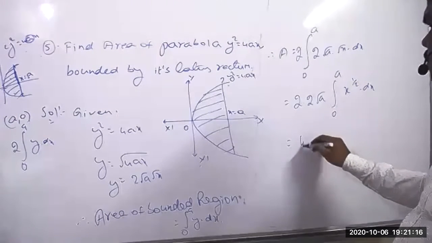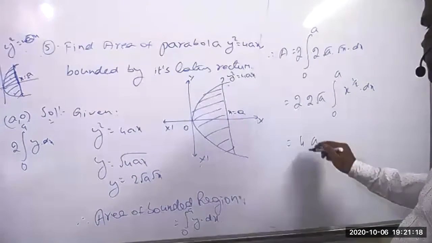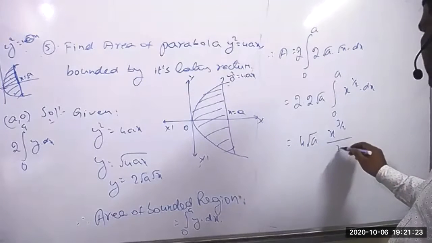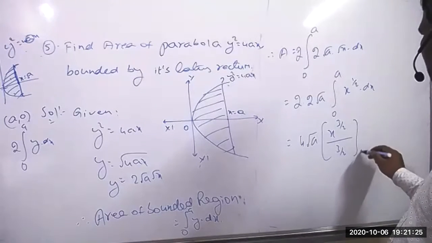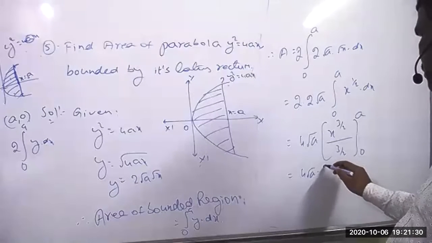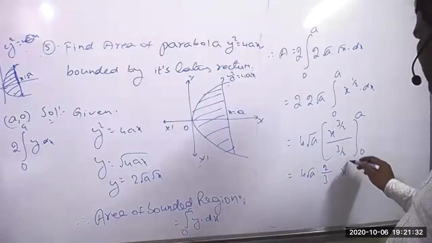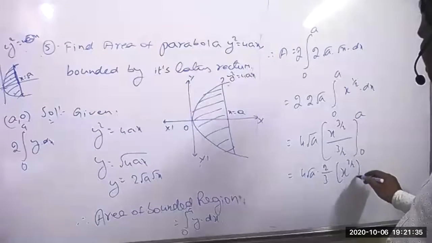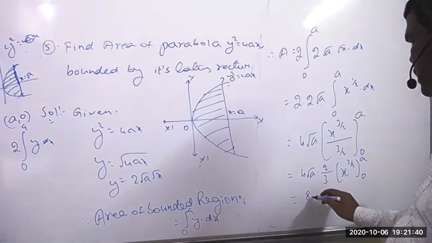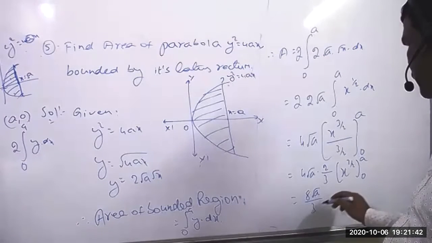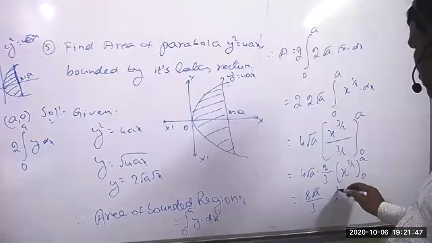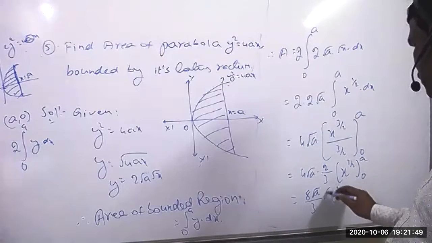Now integrate: 2 2s are 4, 4 into root a into x power 3 by 2 whole by 3 by 2, with limits 0 to a. So 4 root a into 2 by 3, x power 3 by 2, limits 0 to a. 2 4s are 8, so 8 root a by 3 into a power 3 by 2 minus 0.